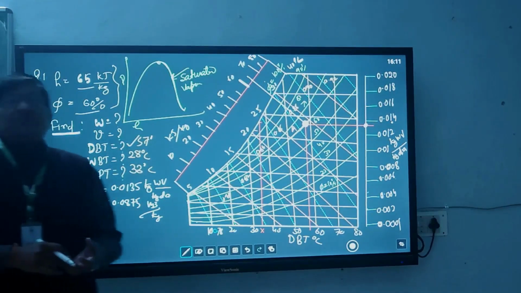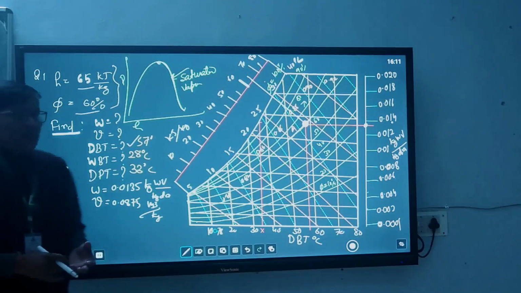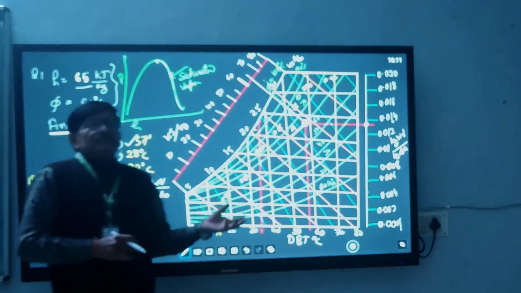That's why this chart is very important, and I think you will not have any doubt regarding how to read this chart.